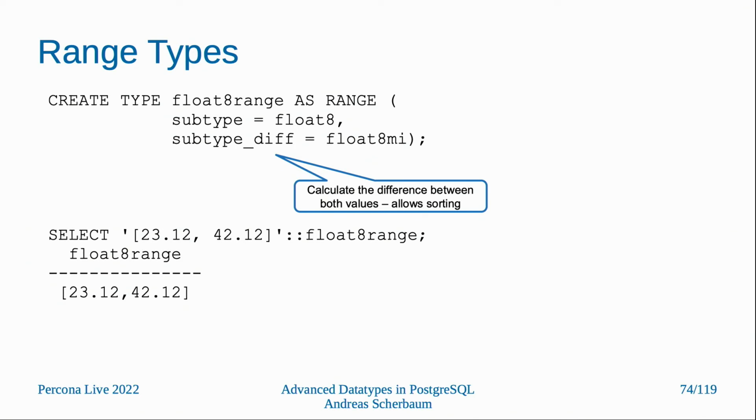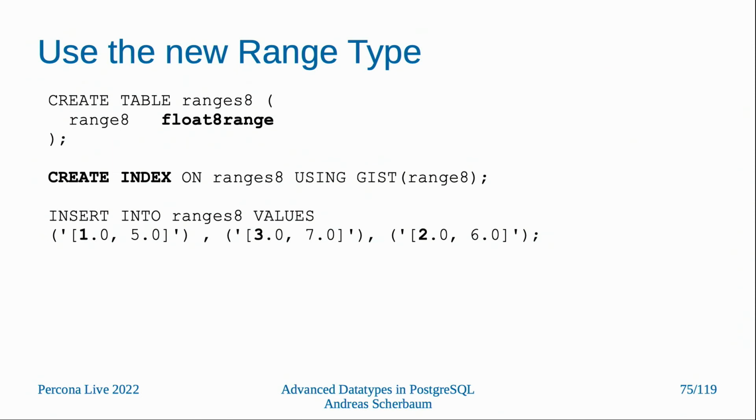What I'm doing here, I create one range type as a floating point number, and I specify which function I have in Postgres which can calculate the difference between this range. I will use it right now in a moment. So I can insert some values here.